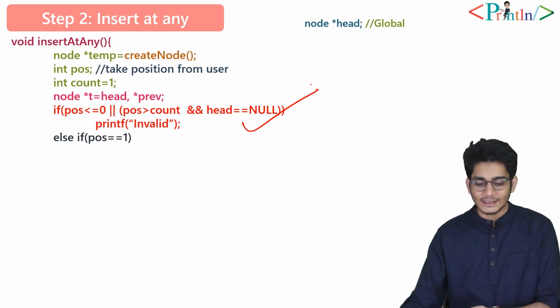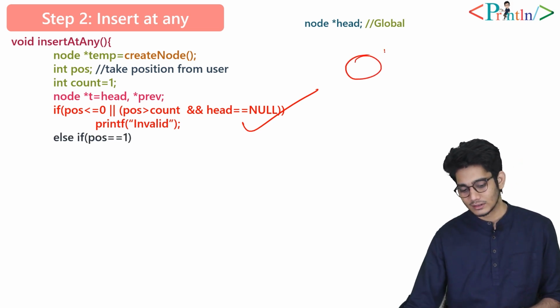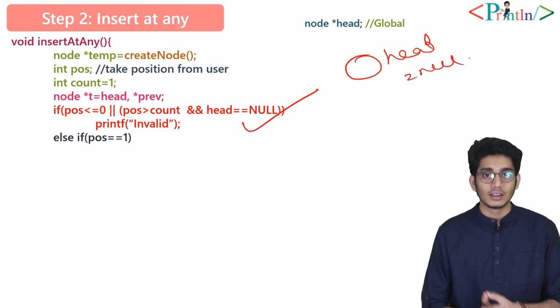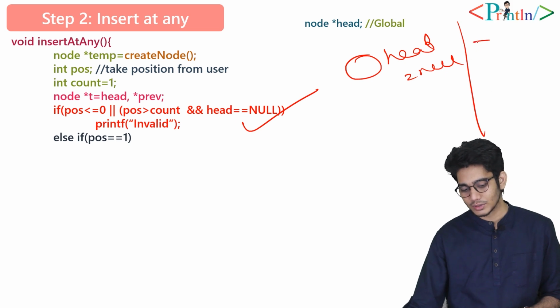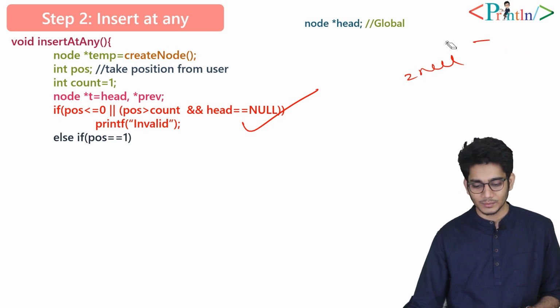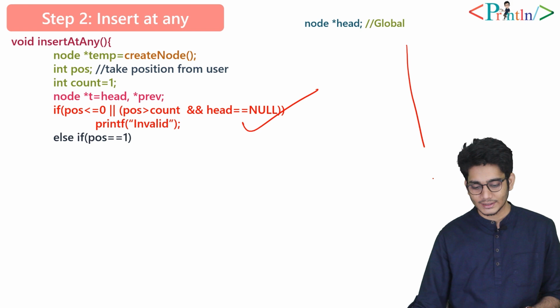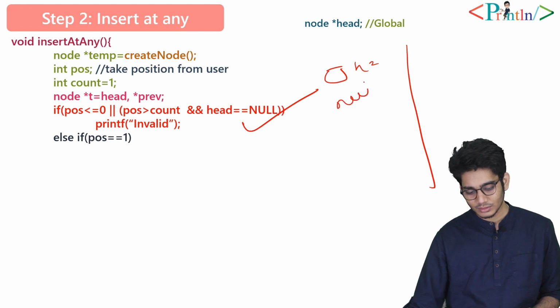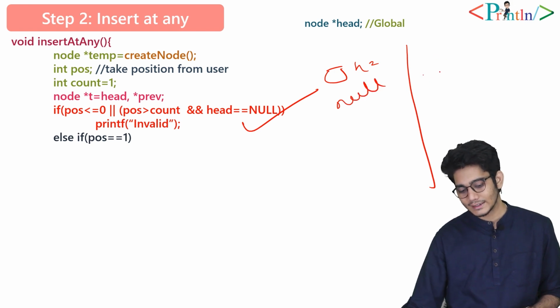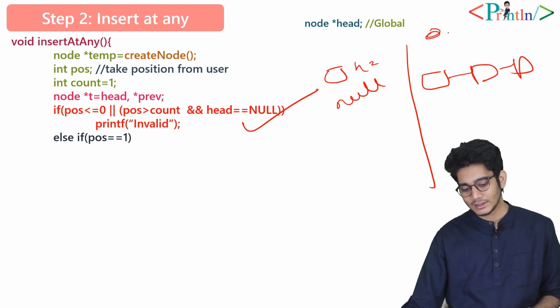Now let's say that our head is null, or head is not equal to null. Let's say that we have three values. Let me remove all these things. So let's take two examples. The first example is head equals null, and the second is we have three nodes and this is the head.